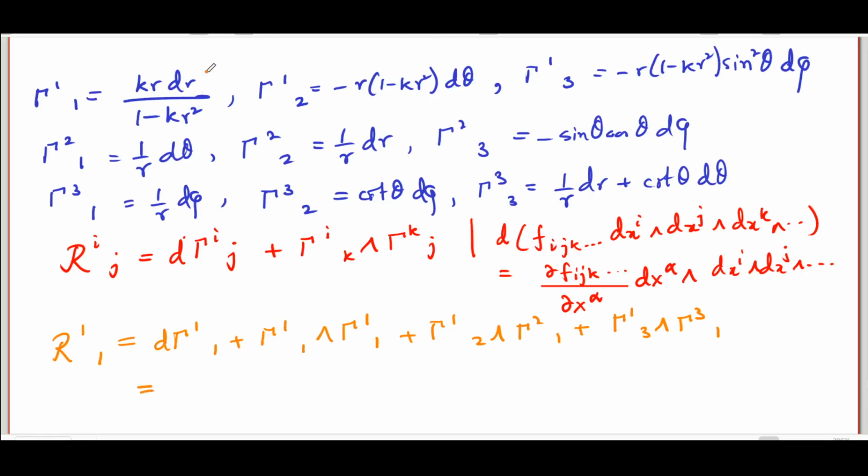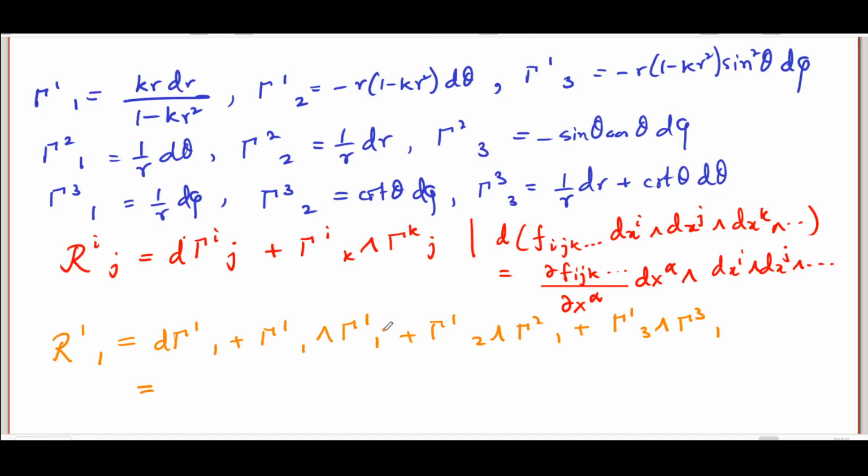Now, this may look like a difficult thing to differentiate, at least in your head, but you don't have to. Remember, this depends only on r. So when you differentiate this, the d of this function will only have a dr, and dr wedge dr is 0. So this is going to give you 0. Well, gamma^1_1 wedge gamma^1_1 is always going to give you 0. The wedge product of a 1-form with itself is definitely going to be 0, since wedge products of 1-forms are anticommutative.